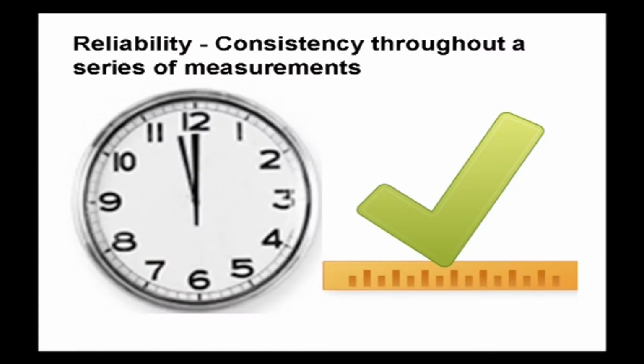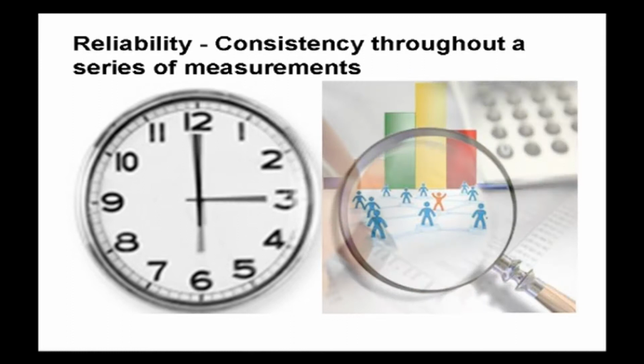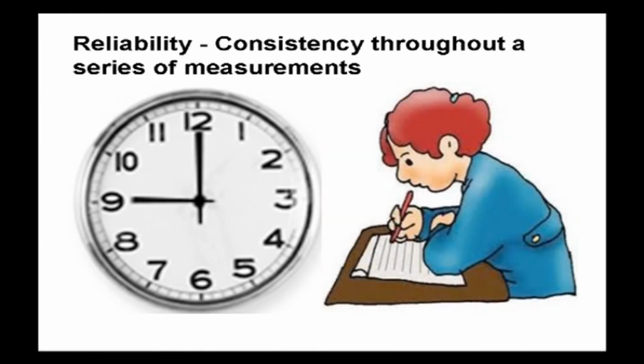The second feature is reliability. Reliability means the consistency throughout a series of measurements. If a respondent gives out a response to a particular item, he is expected to give the same response to that item whenever he is asked subsequently.